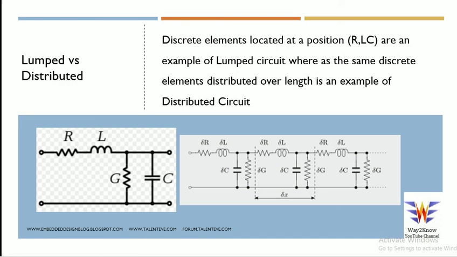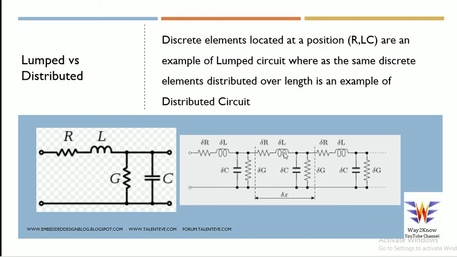For example, if you see here a simple circuit on the left which has resistor, inductor, capacitance and then conductance. So this is an example of a simple lumped circuit, whereas a distributed circuit means a section of a circuit which is distributed over a length or a space.